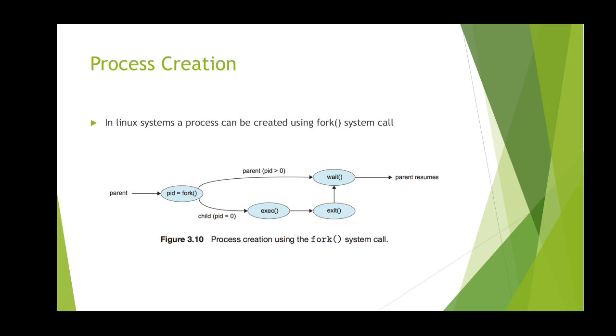It means that it wants to terminate, and during that time, the parent's execution is completed and it is waiting for the child to exit, and the child is exiting using the exit system call. After that, the parent will resume operation. This is the simple life cycle of a process in a Linux or Linux-based operating system.